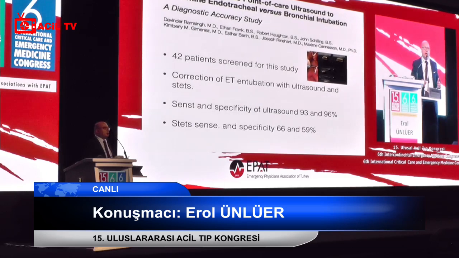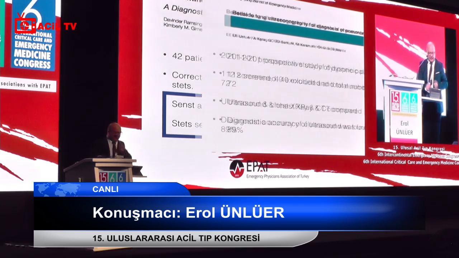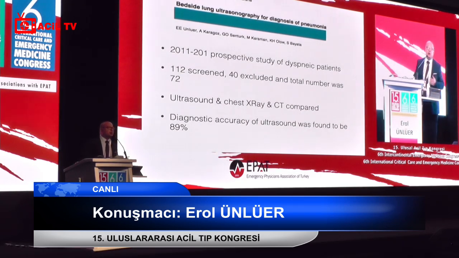Also, we can use ultrasound for determining a single lumen endotracheal tube, and we see a high sensitivity and specificity with ultrasound, over 90%, compared to the stethoscope, which is approximately 60%. And we can also use our ultrasound machine for diagnosing pneumonia.